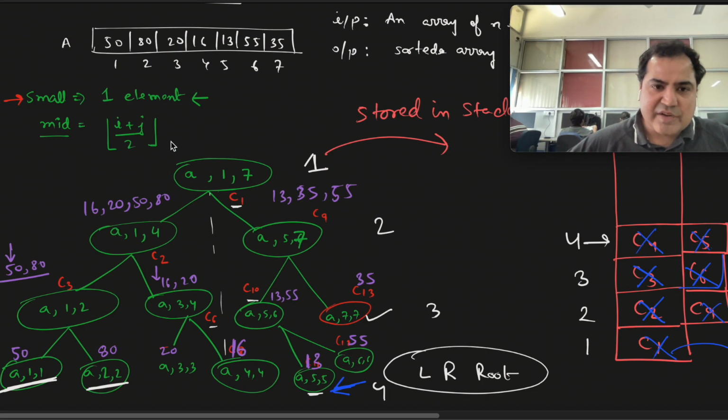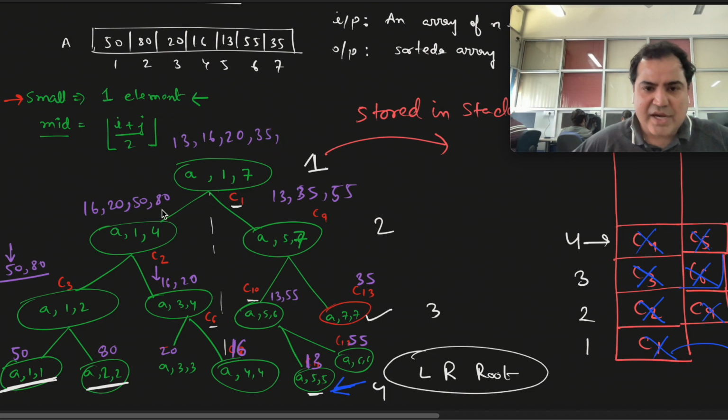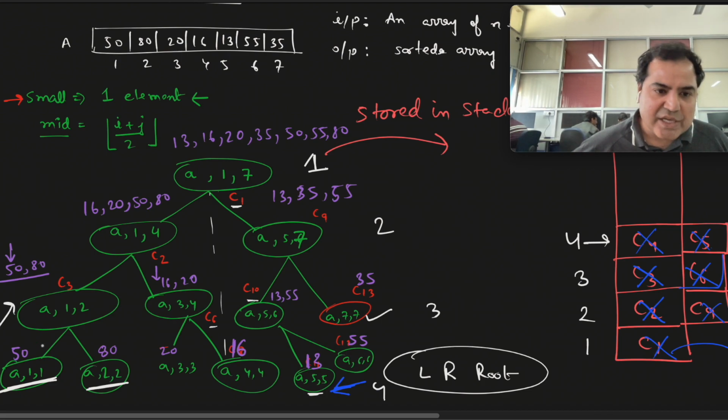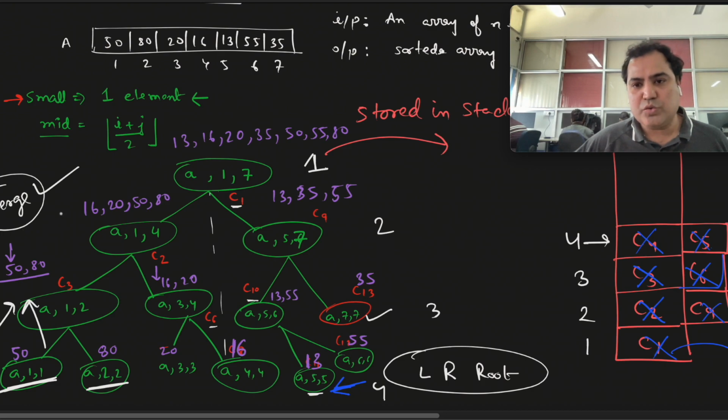If we merge them, it will come as 13, 16, 20, 35, and then 50, 55 and 80. So this procedure, when we are moving back and combining, is called the merge procedure, and we will see the algorithm to merge it.